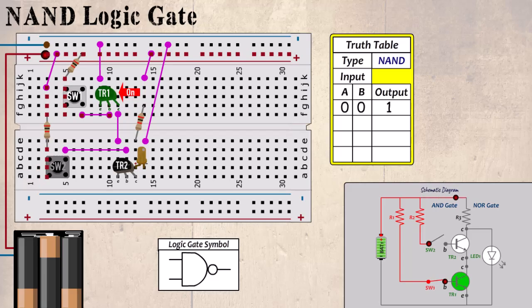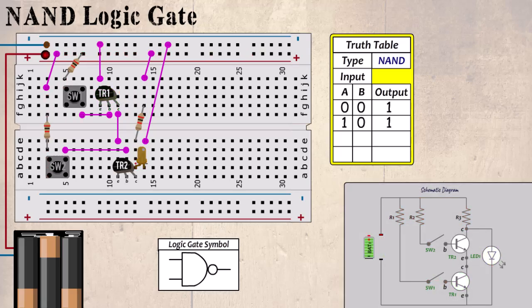Current then flows through R3, and again, since there is no path through TR2, the current continues through the LED, which then lights. So if the input is 1 and 0, then the output is 1.